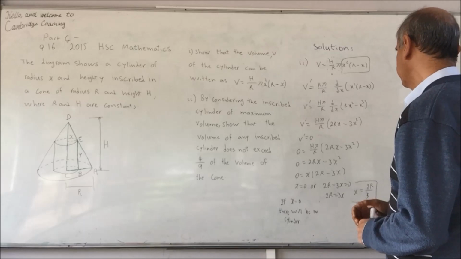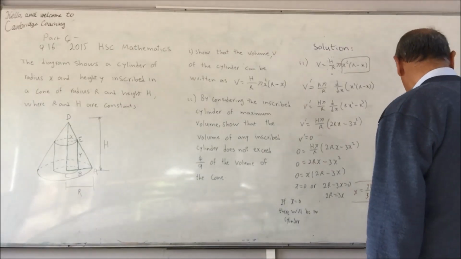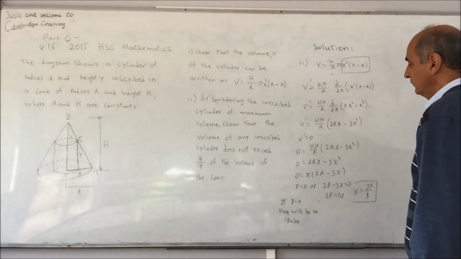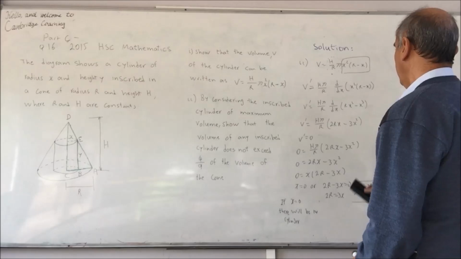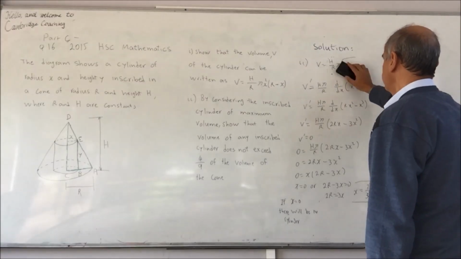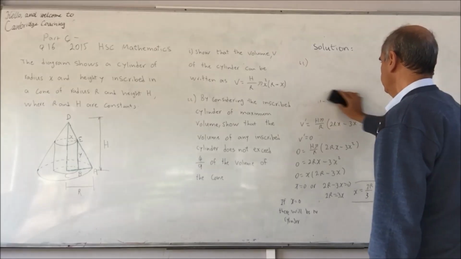Okay, that could be the maximum value, but we've got to check it. To check whether it is a maximum or minimum, we go to the second derivative. I write the first derivative that we got and differentiate it again.